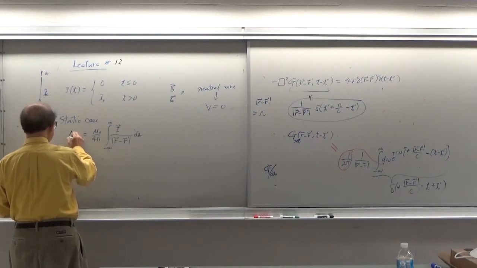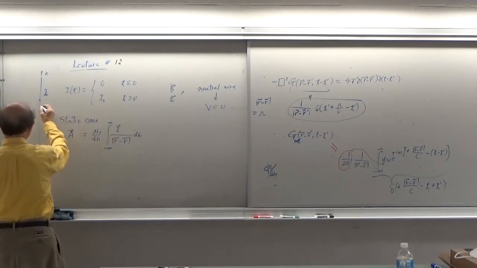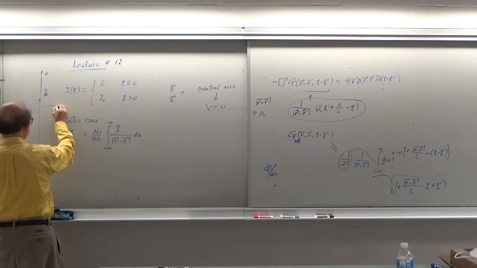This is A at, say, location r at this point, which is distance r from the wire.